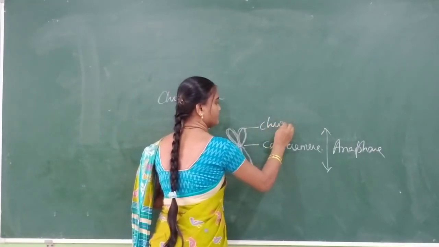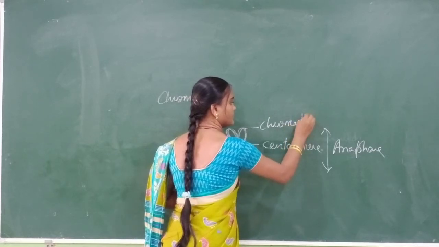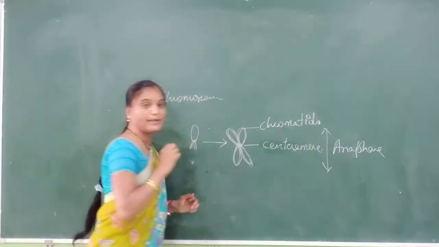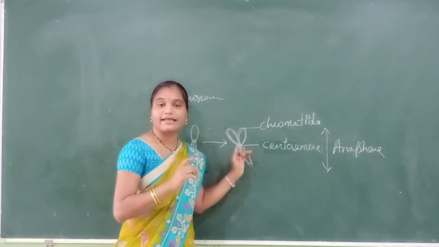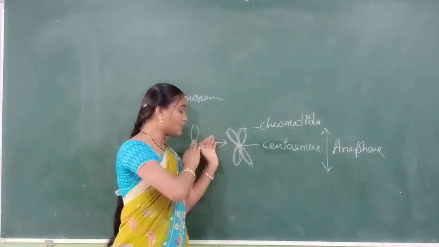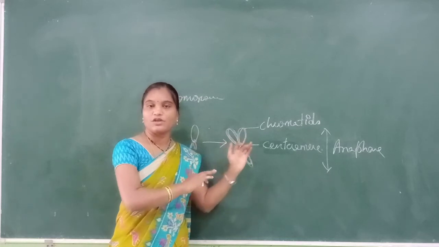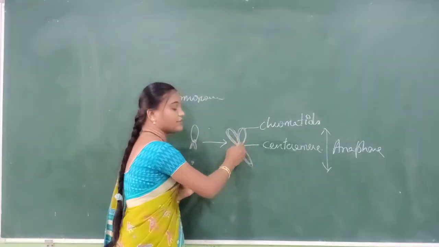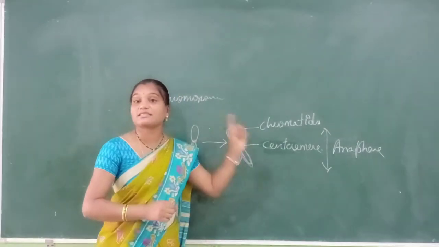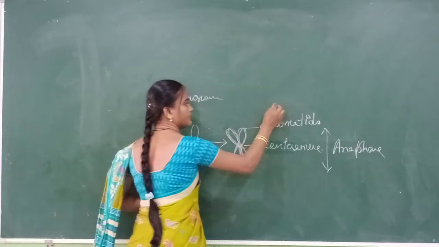So these are chromatids. These chromatids originated from a single chromosome, from a single gene, from a single DNA, and are attached with a centromere. So these are known as sister chromatids.